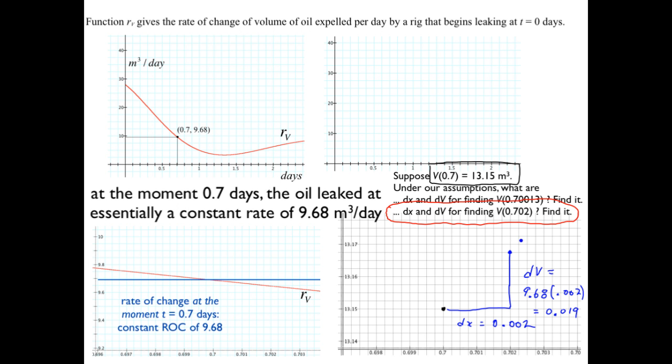So vf equals v initial plus dv. Final value of a quantity is the initial plus the change. And that's where you guys got the 13.169. You added that to the 13.15, right? So 13.15 right there plus the change 0.019 gives us the final value of v.